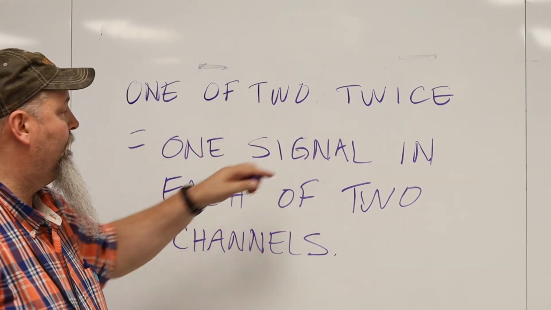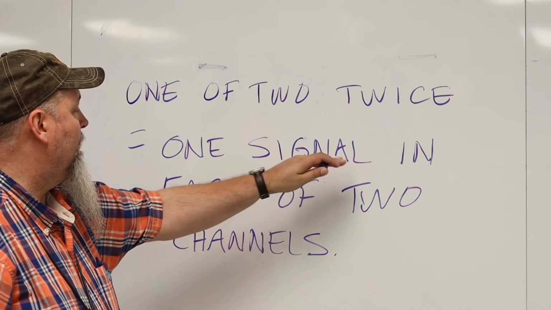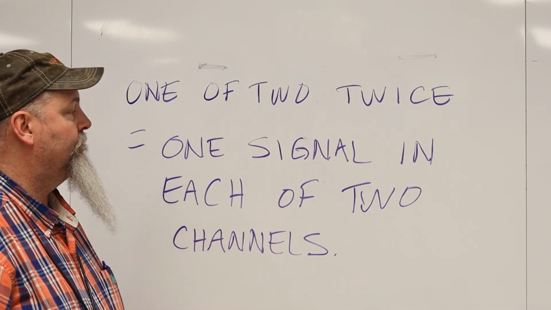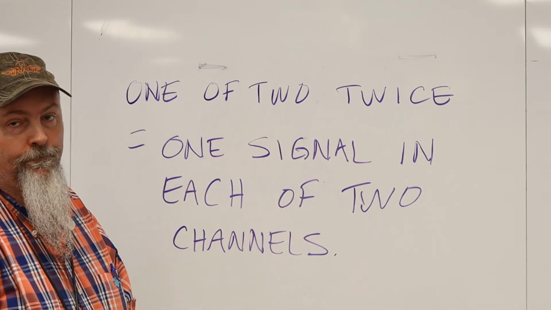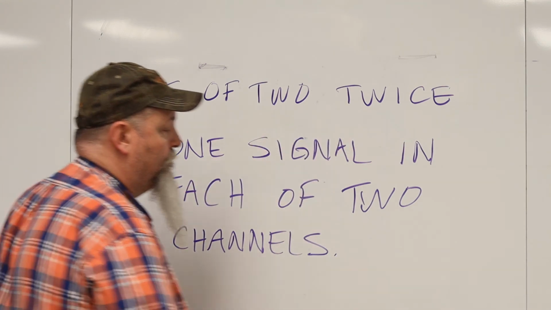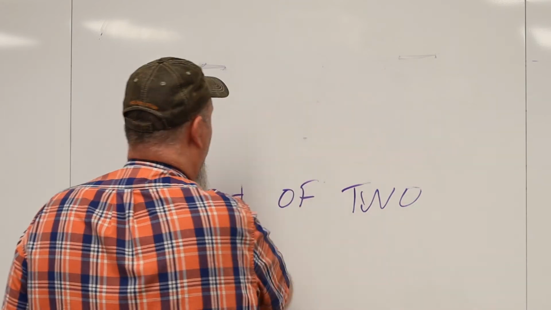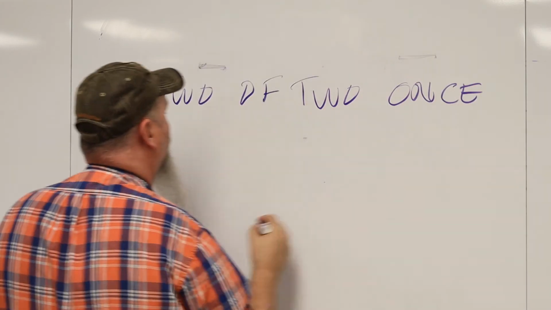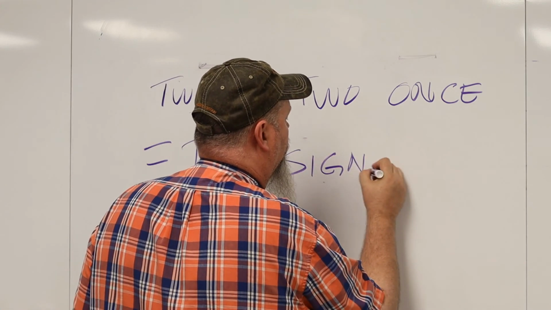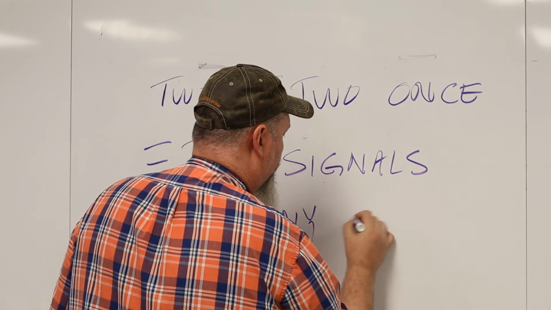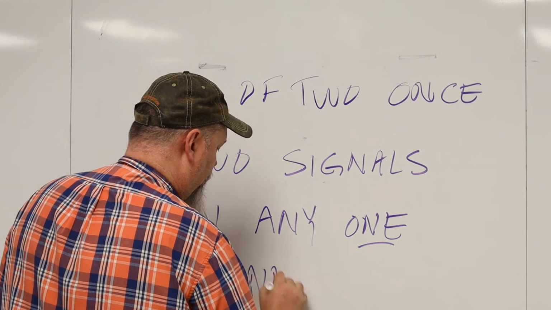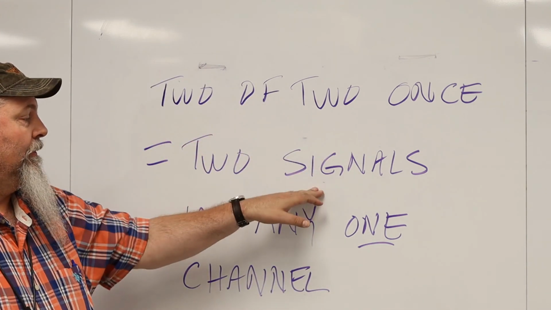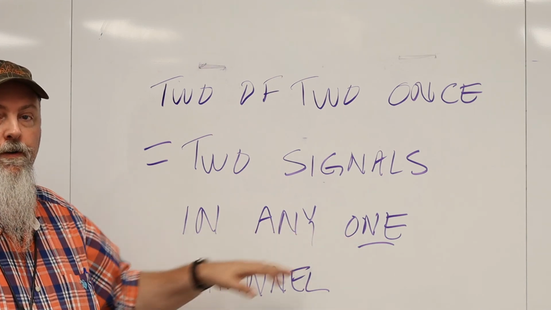One of 2 twice, 1 signal in each of 2 channels, 1 of 2 twice. Two of 2 once is 2 signals in any one channel.